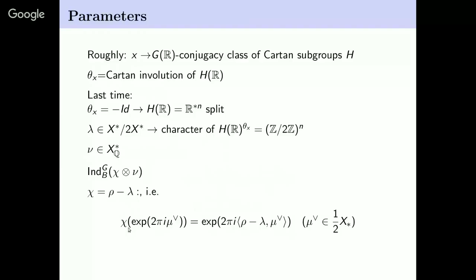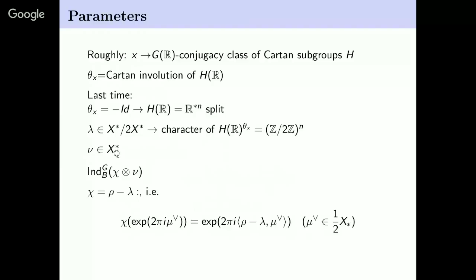And on this product of Z2s, it can be written this way: chi evaluated at this element e to the 2 pi i mu check is this number. You pair rho minus lambda with mu check. And rho minus lambda is in X upper star, and mu check is in 1/2 X lower star. So this number is plus or minus 1. Okay, so that's just a recap of what we did last time, having to do with the principal series.